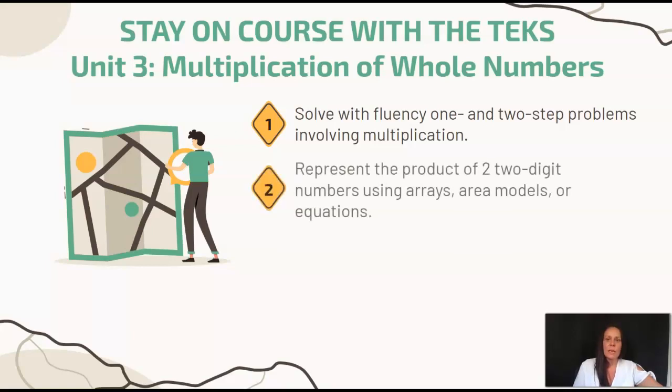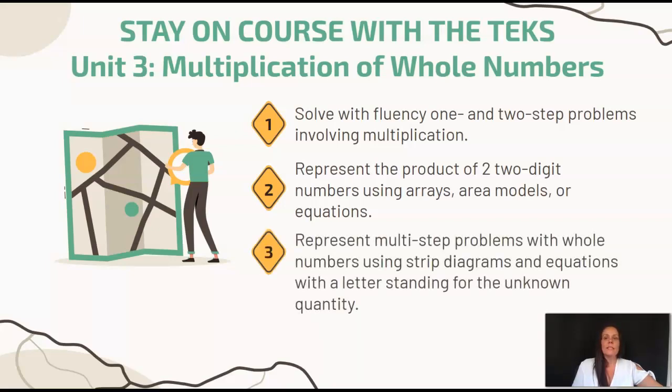The second one is representing the product of two-digit numbers using arrays, area models, or equations. And then the third one is to represent multi-step problems with whole numbers using strip diagrams and equations with the letter standing for an unknown quantity.